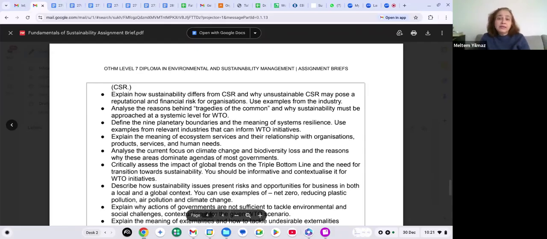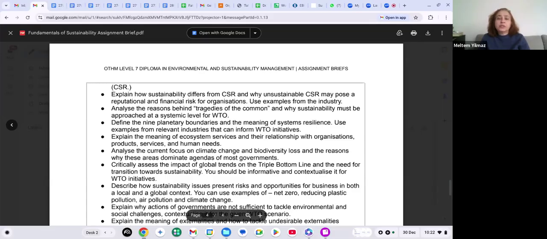So in this part, we want you to define resilience and how it is related to sustainability, and give some relevant examples from industries beyond the World Trade Organization. Explain the meaning of ecosystem services and their relationship with organizations, products, services, and human needs.